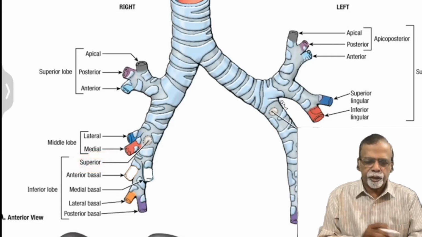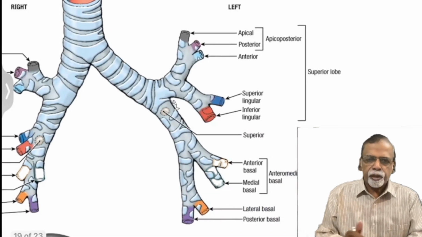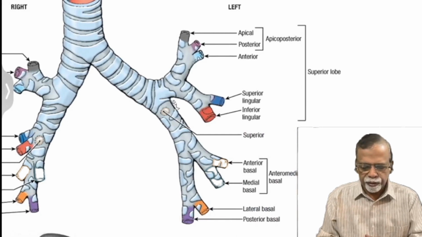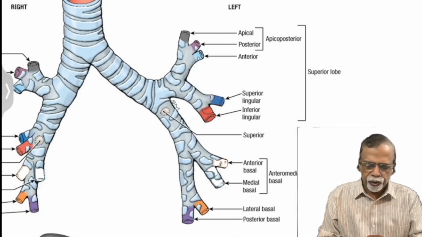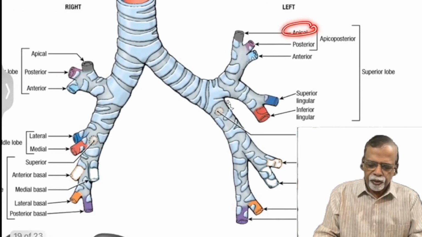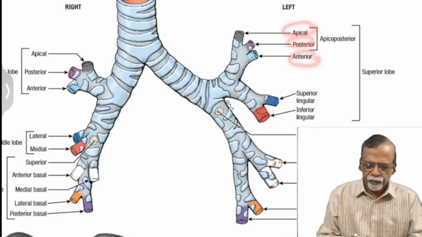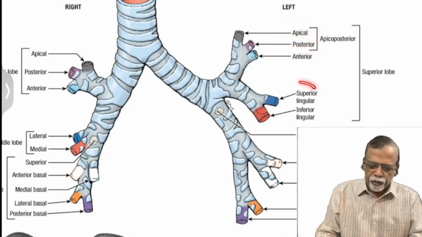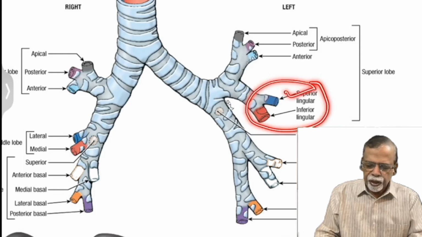So the total is 10 segments. On the left side, some people say there are 9, and some say it is 10 segments, as some of them are joined together. The upper lobe is again the same: apical, posterior, and anterior. Instead of the middle lobe, we have the lingula, which we divide into superior and inferior lingular segments.